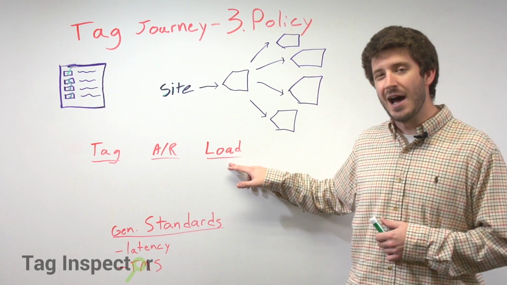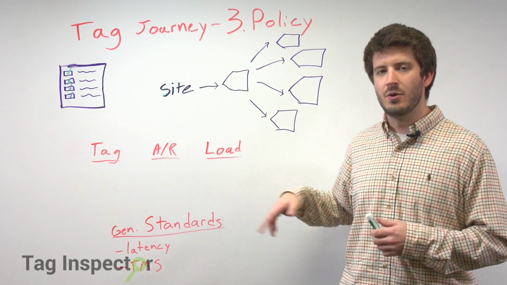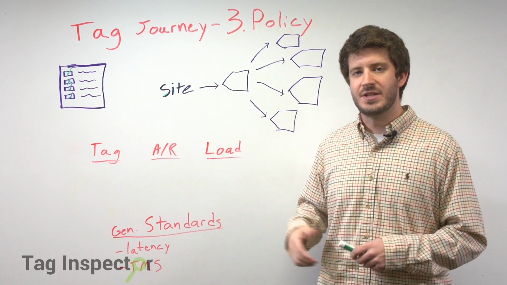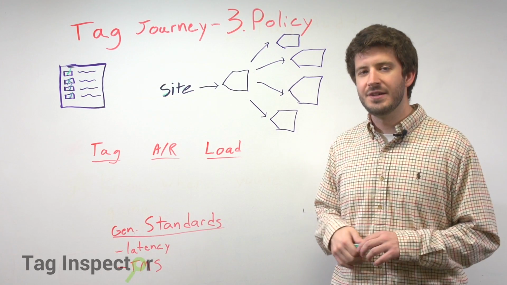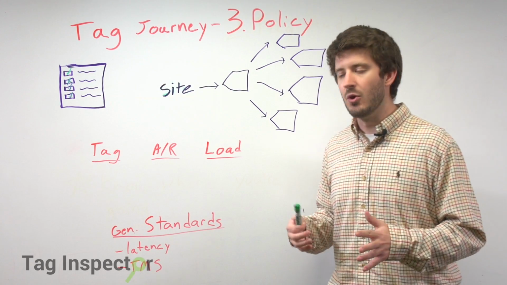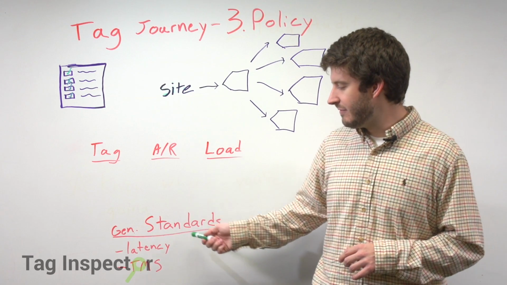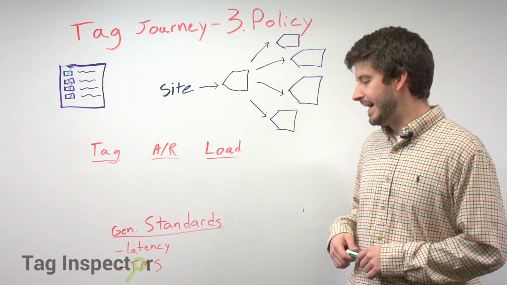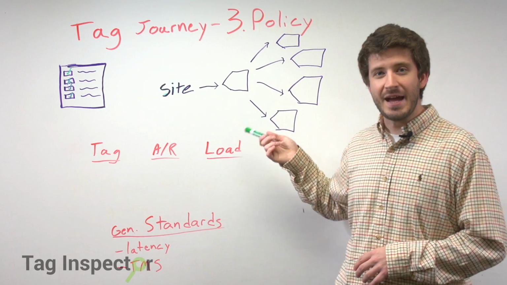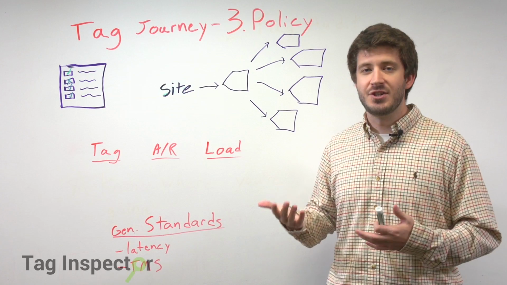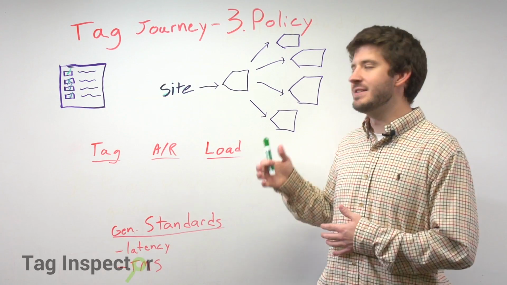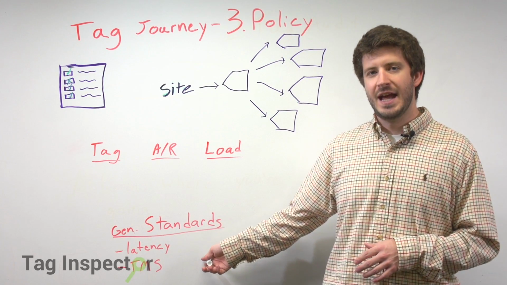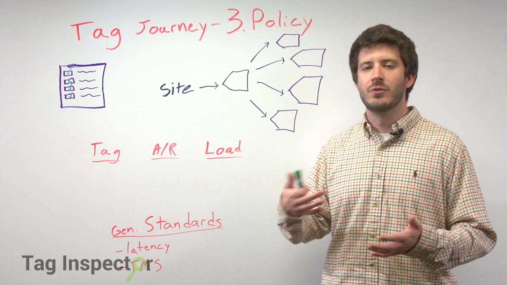We need to define how each tag should be loading. So is it something that has to be loaded from the page source? Is it something that should be loaded from our tag management system? How are things allowed to be, and how should things be loaded on the website? And then we also want to define some general standards around latency, number of requests, if piggybacking is going on, where do data sharing agreements and privacy policy, what is allowed in that general sense of the word, so we can use these standards as new technologies are introduced and we go through that vetting process.